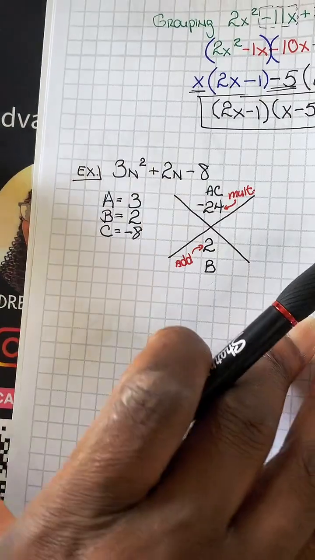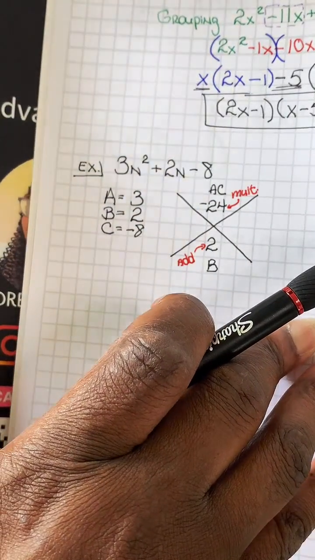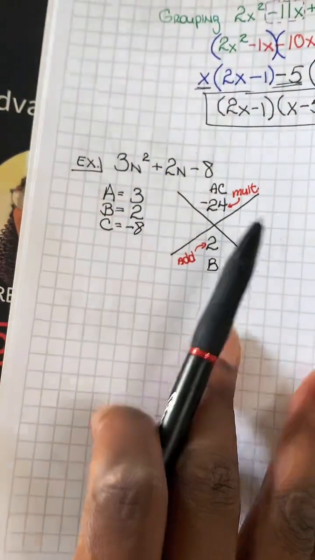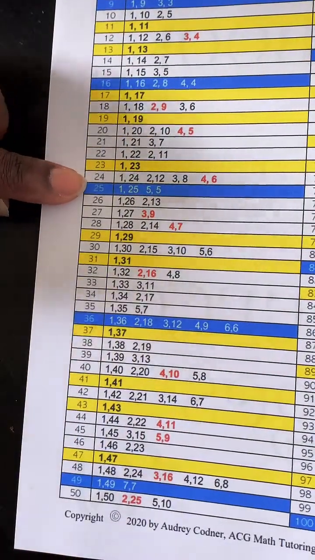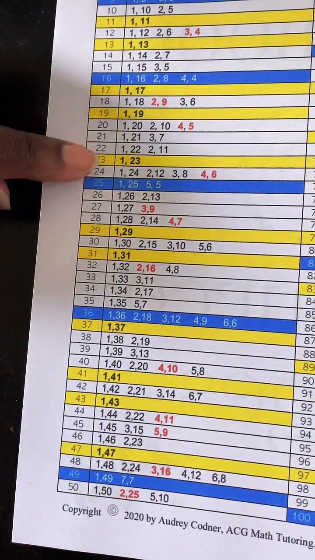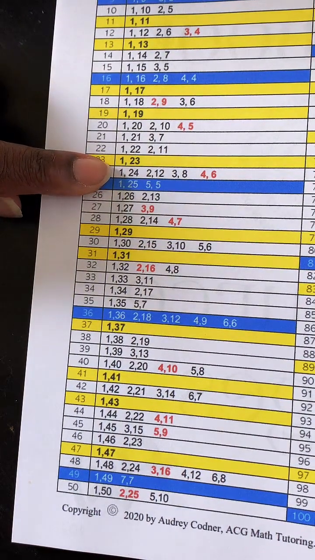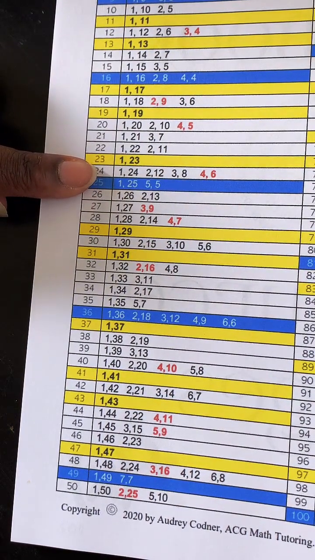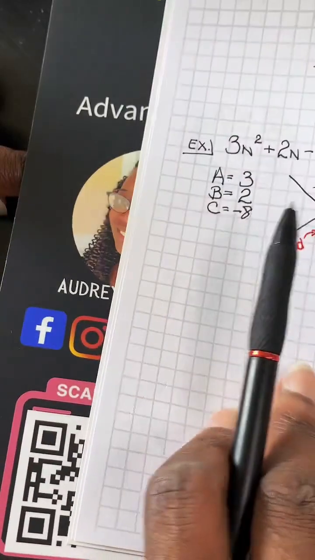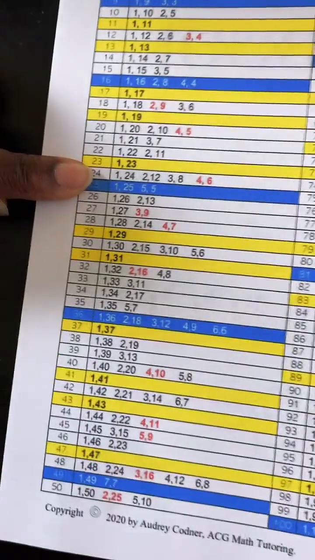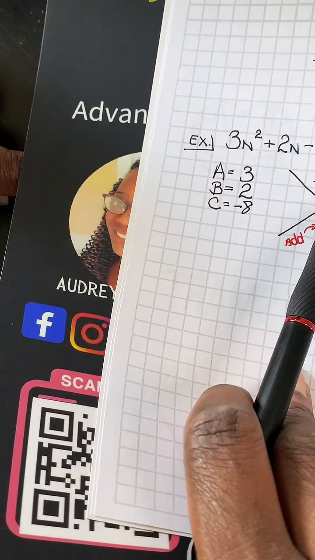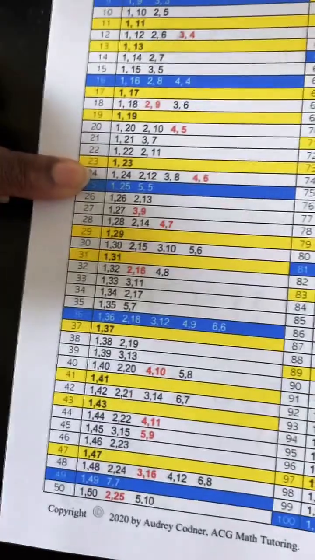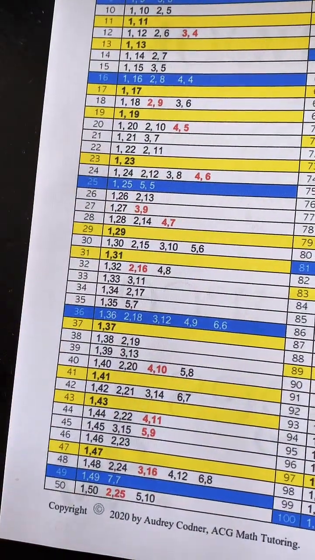All right, so what two numbers multiply together to give me -24 and add together to give me 2? We can sit there with the calculator all day, or I can come over here, right where my 24 is. So I got 1 and 24, 2 and 12, 3 and 8, and 4 and 6. But we want to get a middle term of 2. So which ones, if I subtract, because we're looking for a -24, will give me a 2?